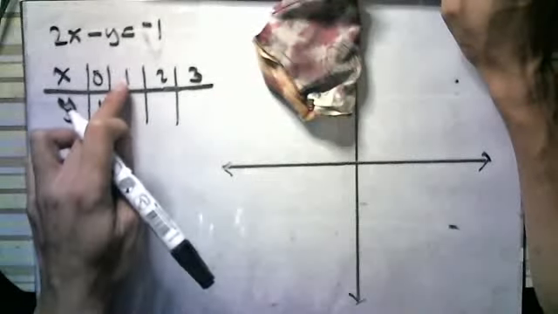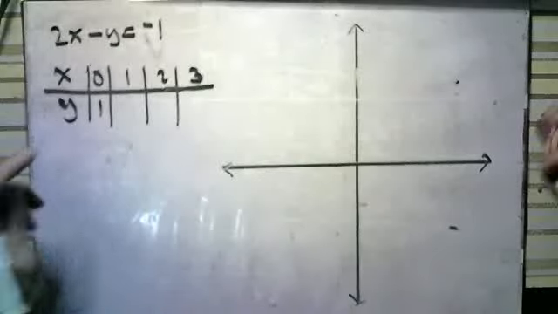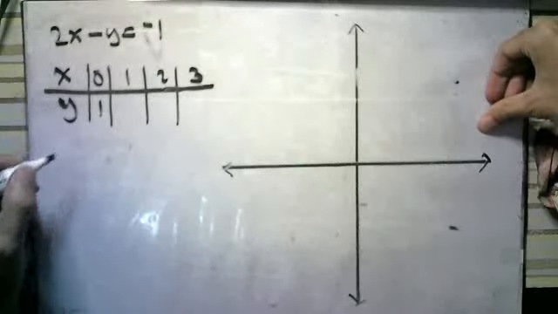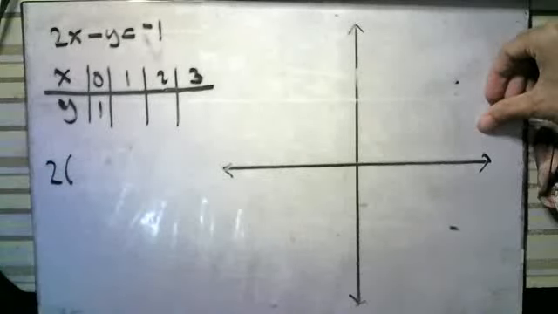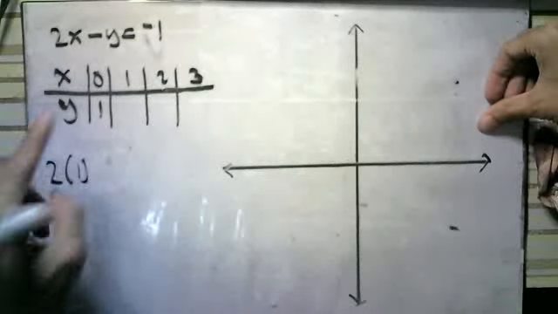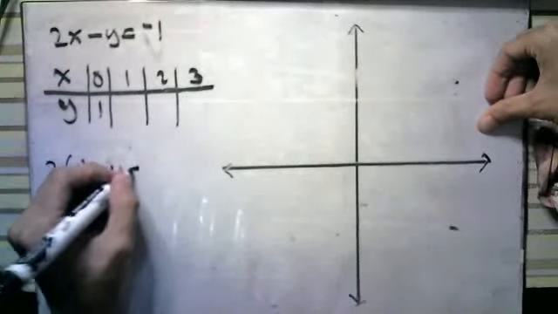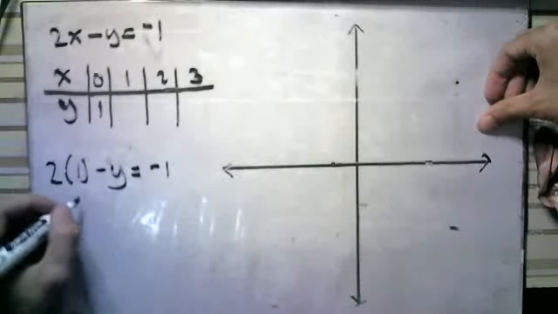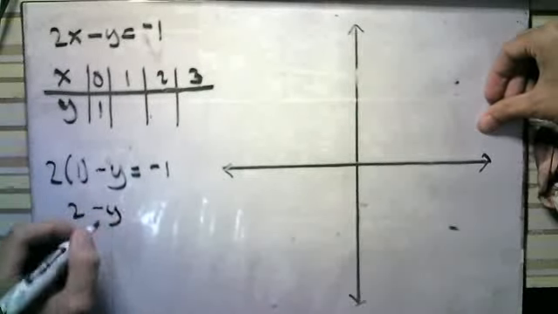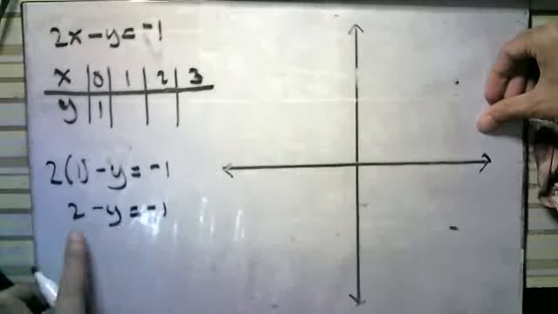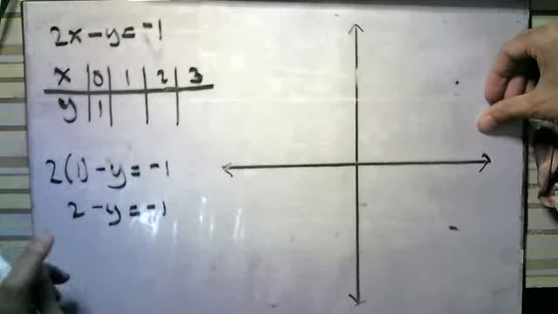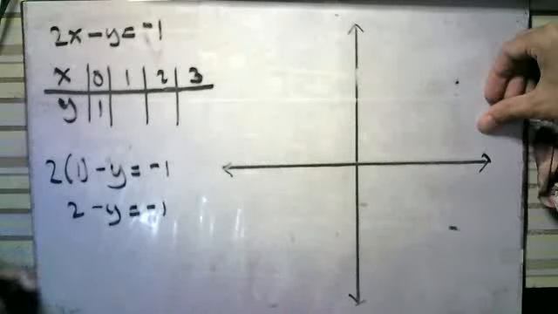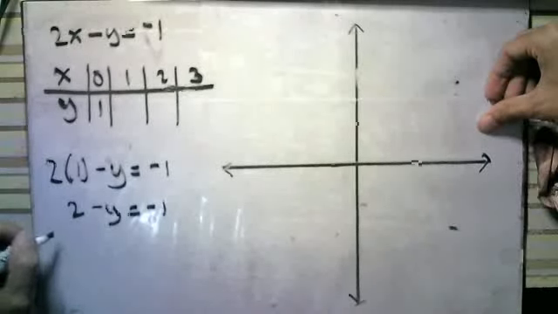Okay. So, erase ko na. What if your x will be positive 1? So, again, copy. O, substitute ko lang para mabilis. 2 times 1 minus y is equal to negative 1. So, that will be 2 minus y is equal to negative 1. Make 2 become 0. So, we need to subtract 2 on both sides.